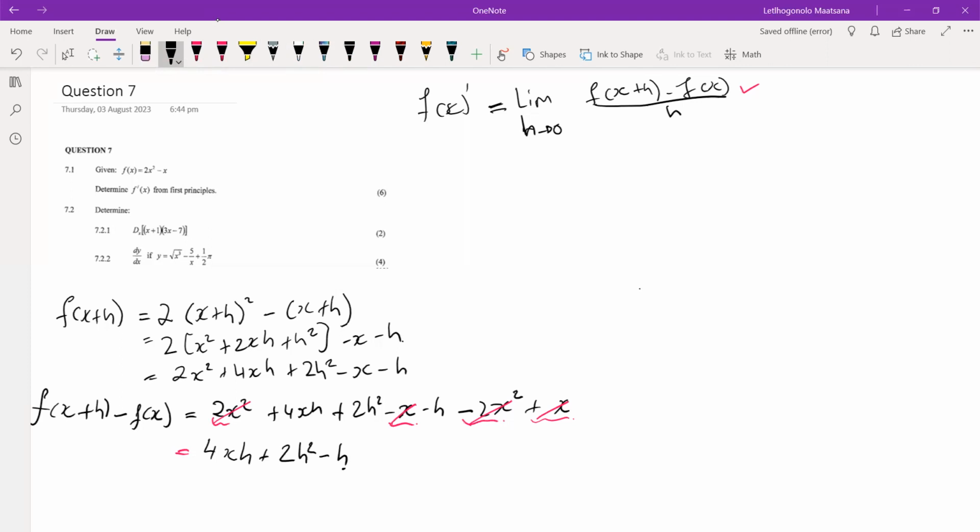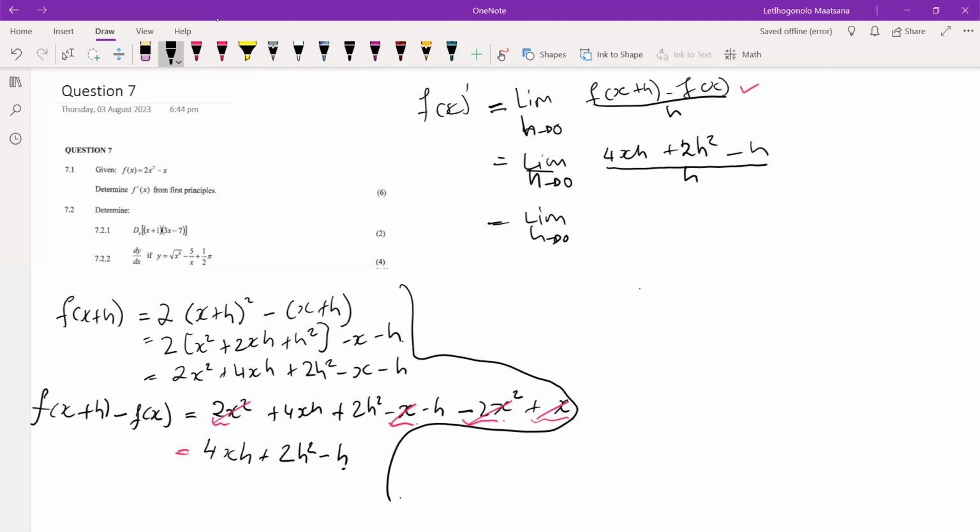Then we can go ahead and substitute it into our limit equation. You will have to continuously write the limit if you choose not to do this on the outside. So we have the limit as h approaches 0 of (4xh + 2h² − h) over h. Then we'll take out h as a common factor. As I said, we must continuously write the limit as h approaches 0.